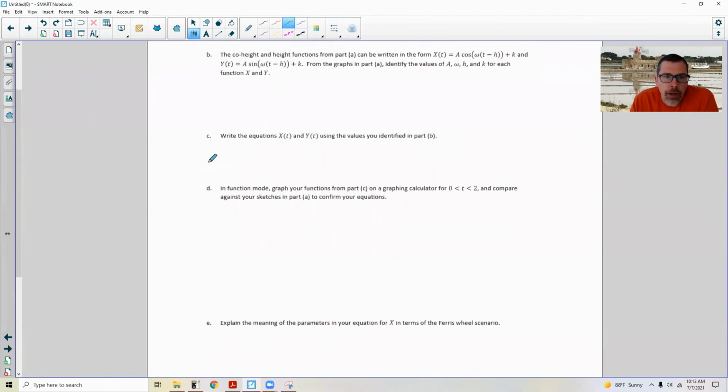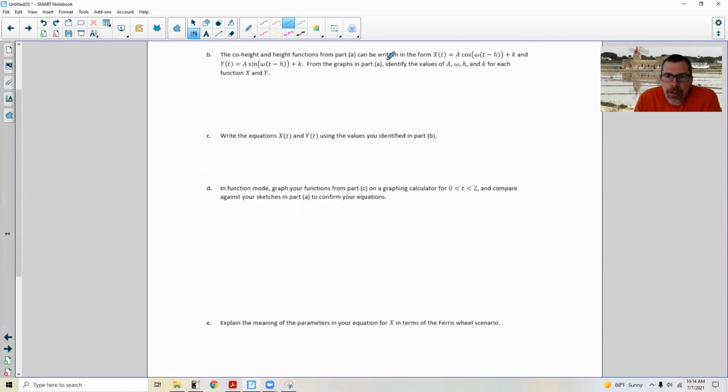All right, now part B. The co-height and height functions from part A can be written in the form x of t equals A cosine omega t minus h plus k, and y of t the same with sine.